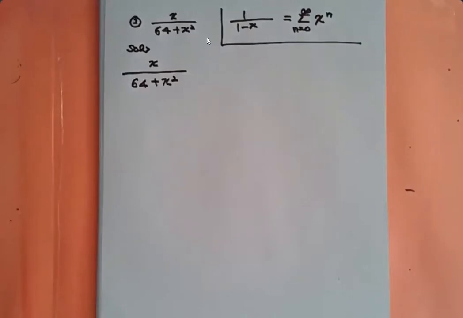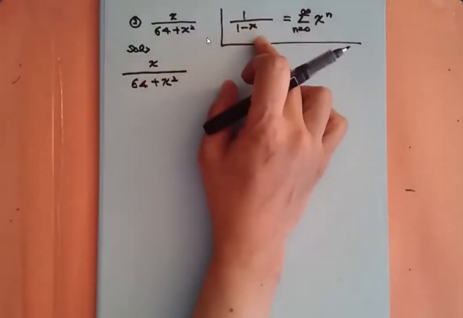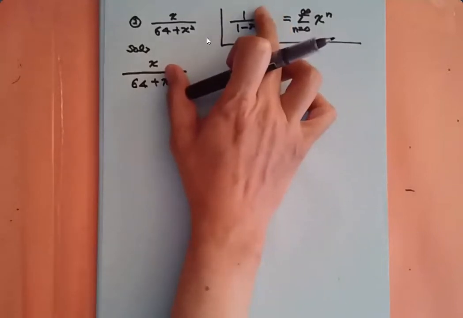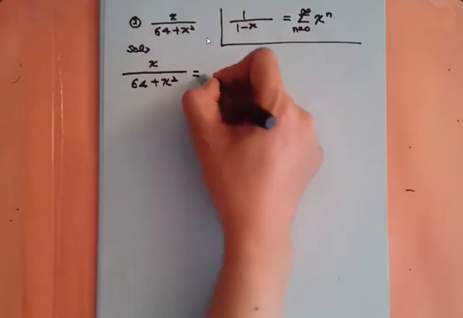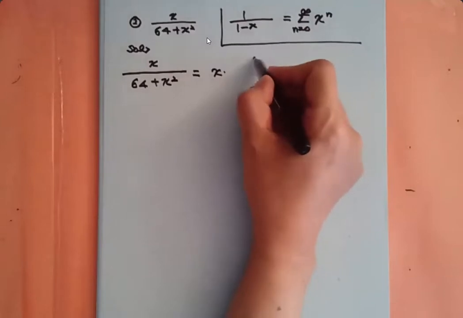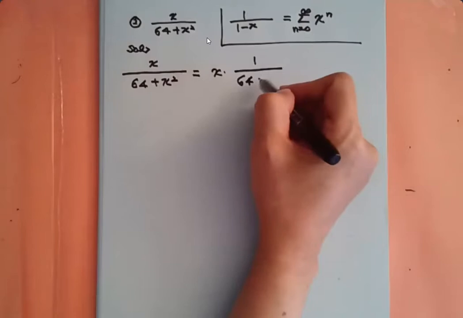So this time it becomes a little bit challenging to convert that to this form. The first difference we notice is that in this fraction, the numerator is a number, not a variable. So what I will do is write x in front of the fraction, times 1 over 64 plus x squared.